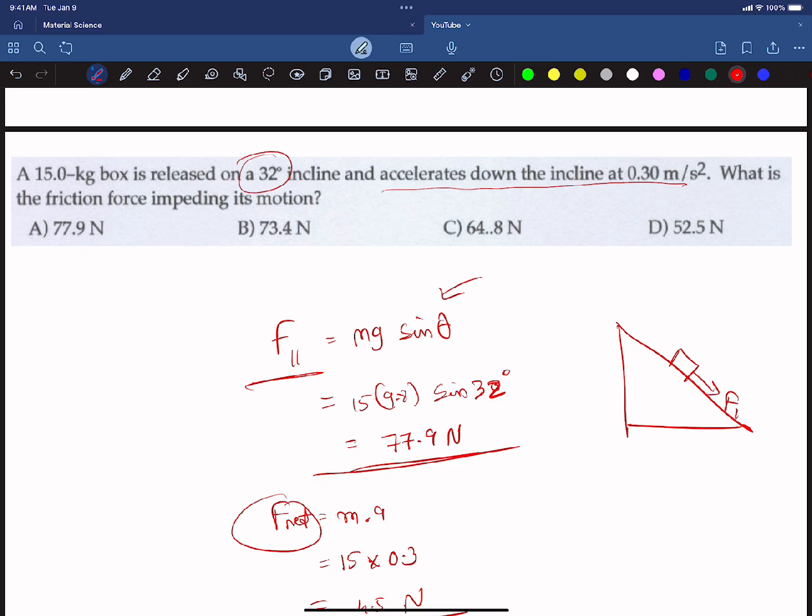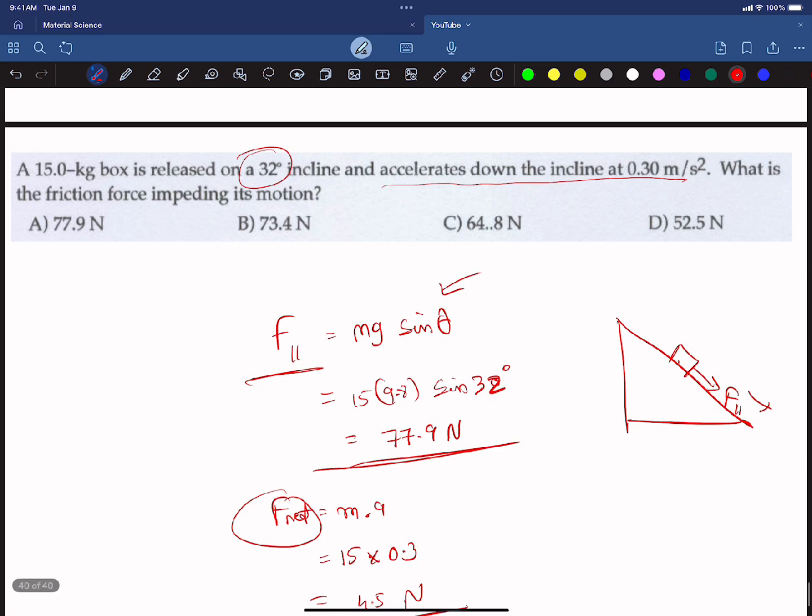So this is F parallel in this direction. This is normal and this is the force due to gravity. And friction force will be acting in this direction.